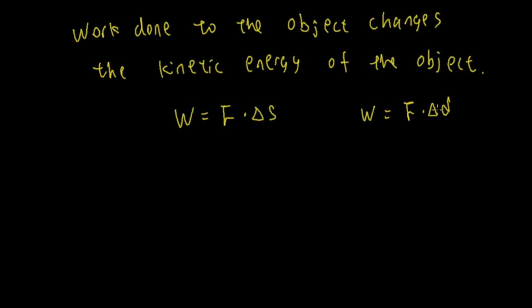So delta D cannot be 0. The object has to move from one position to a different position in order for this to be considered work done on the object.